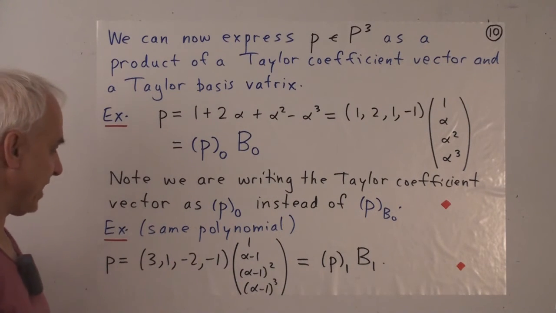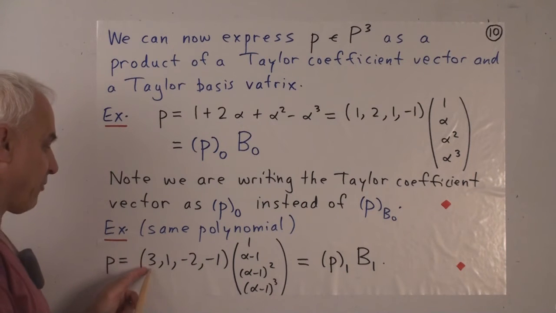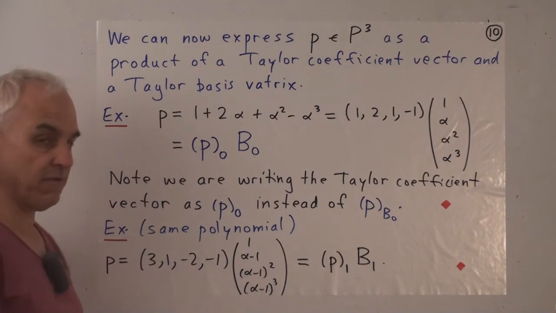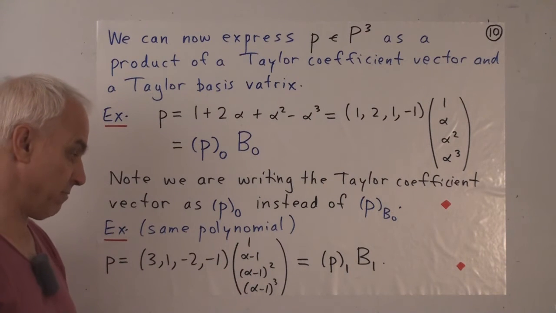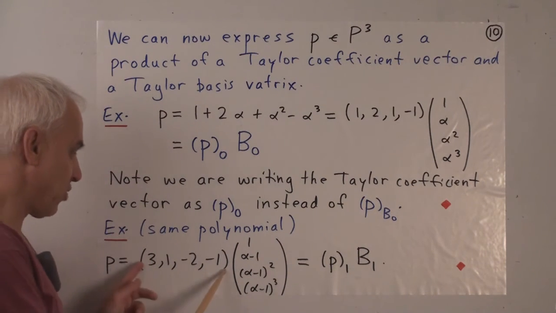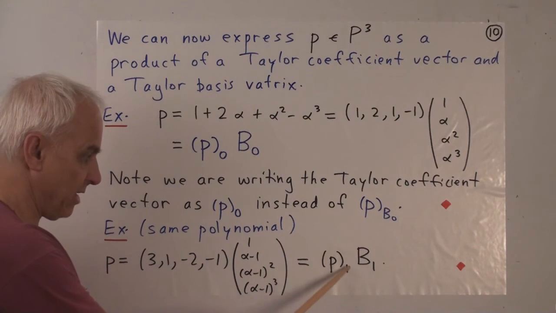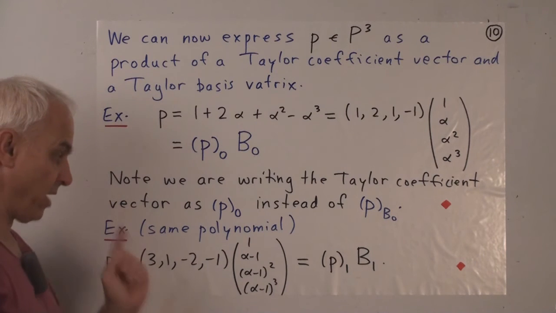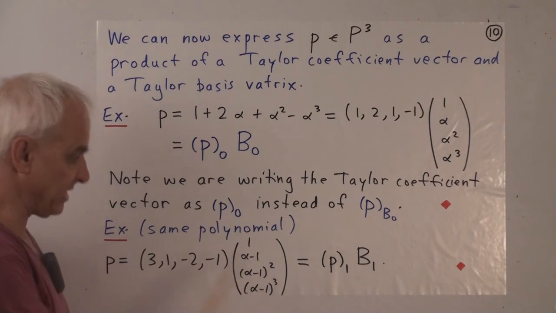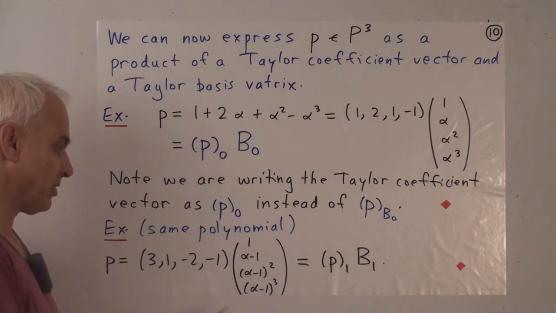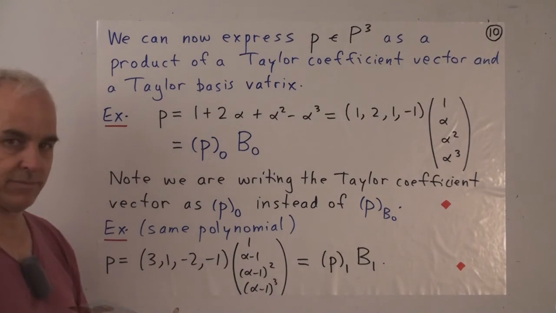So we can say that the same polynomial is the product of this coefficient vector times this matrix of basis vectors. And this coefficient vector, its name is p sub 1 because it's the Taylor coefficient vector at the point 1. And this Taylor basis is what we're calling b sub 1. It's the powers of alpha minus 1.